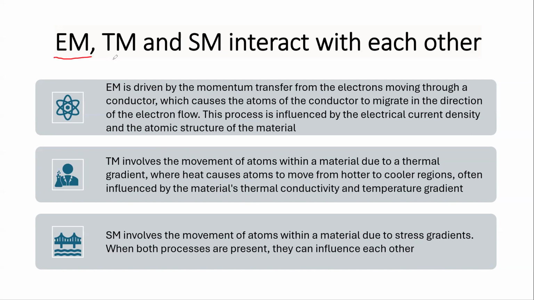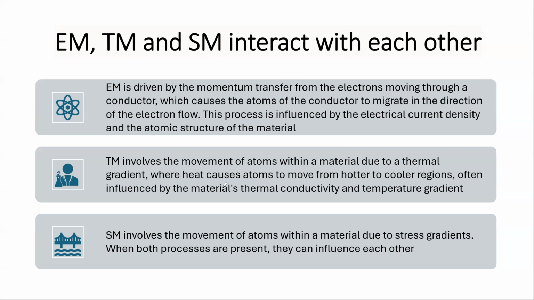All these three, electron migration, thermal gradient migration, stress migration, move the atoms, maybe in different directions or the same directions, but each for its own reason. Electron flow, the electron wind, blows them. Electrons push these atoms forward.